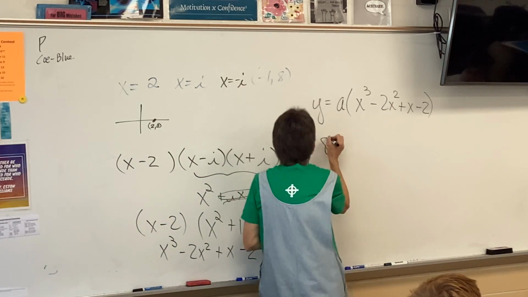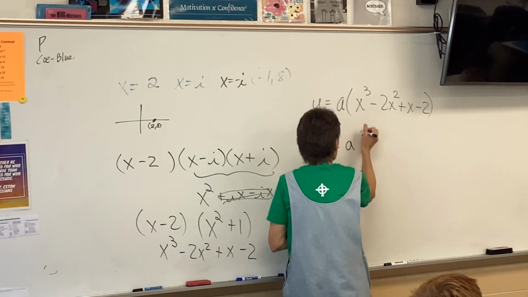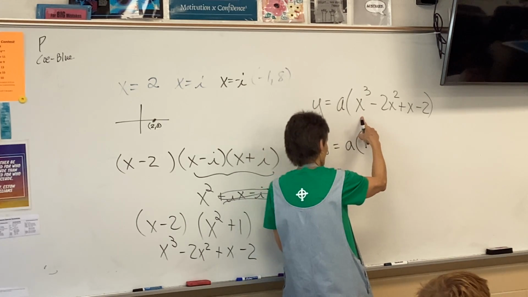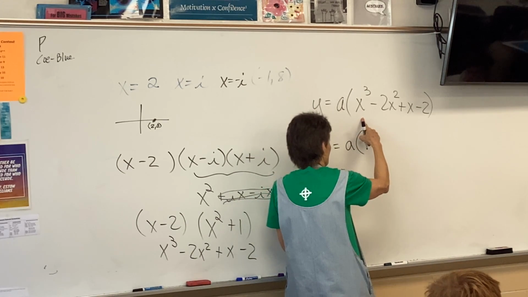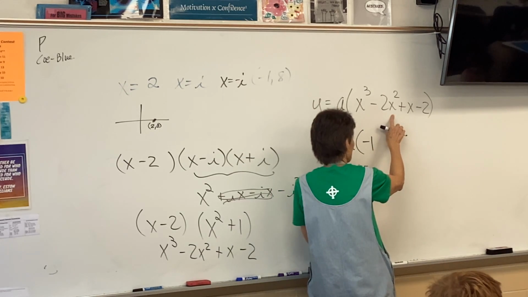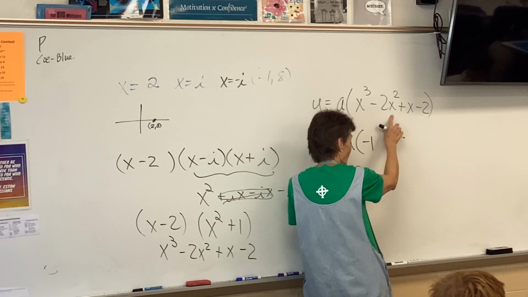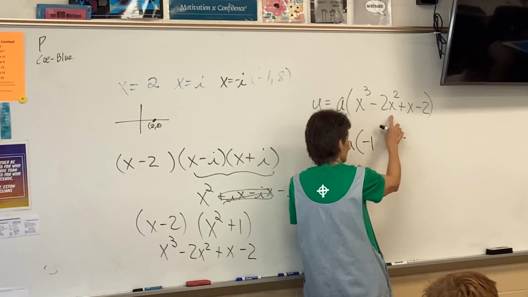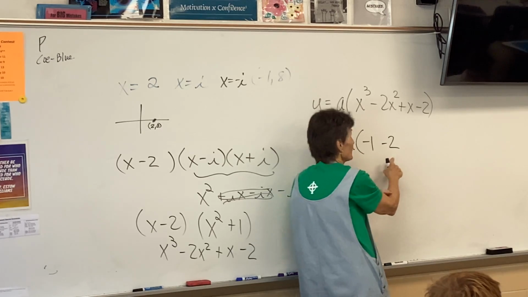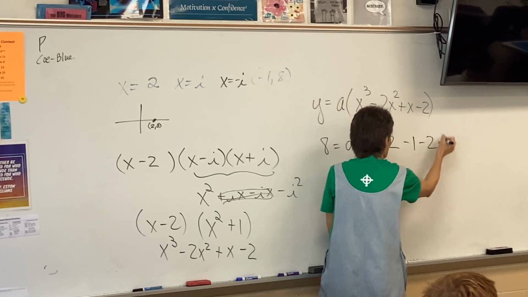So I'm gonna have 8 equals a times, all right, what is negative 1 cubed? Negative 1. Now watch, be careful with this one. Negative 1 squared, but it's times the negative 2, so that one's gonna stay negative, would you agree? And then minus 1 minus 2.